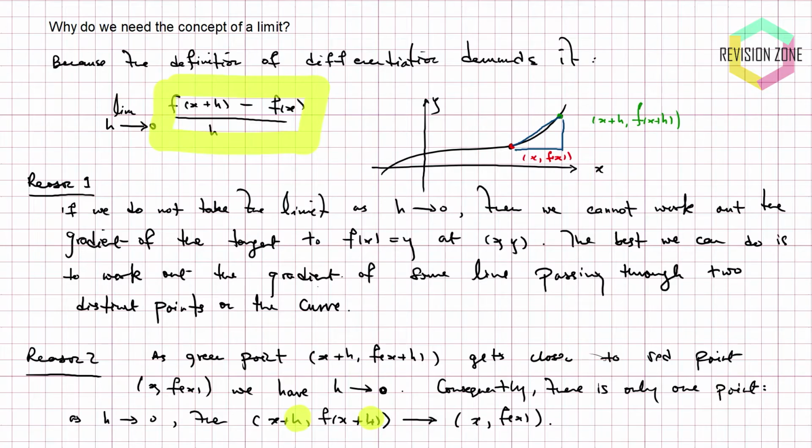So in other words, and I'll say this in maroon at the top, as h gets closer to zero, f of x plus h take away f of x over h starts to look like 0 divided by 0.